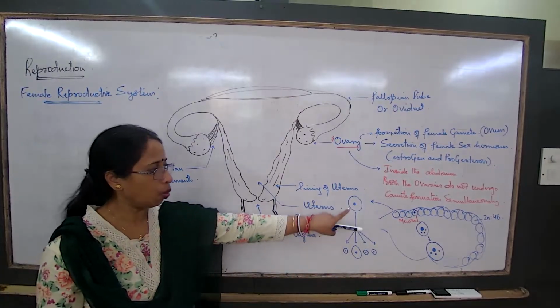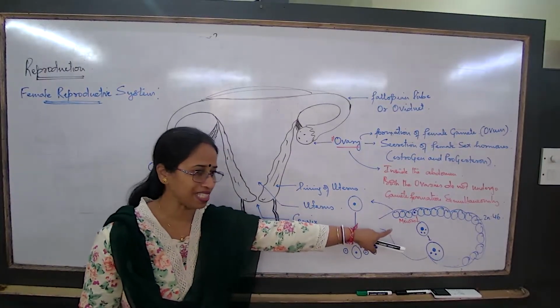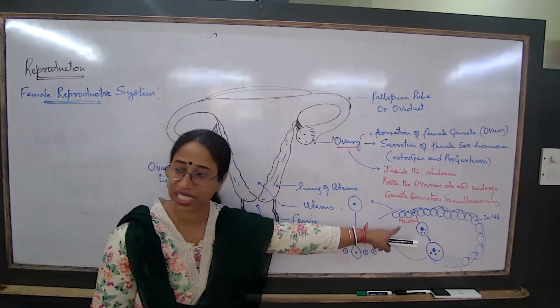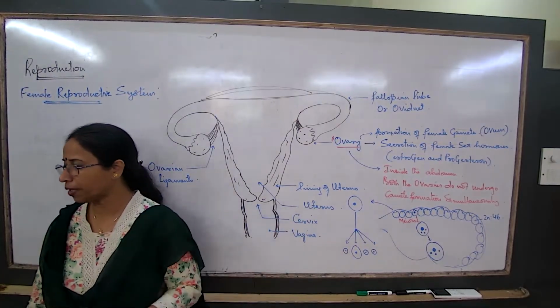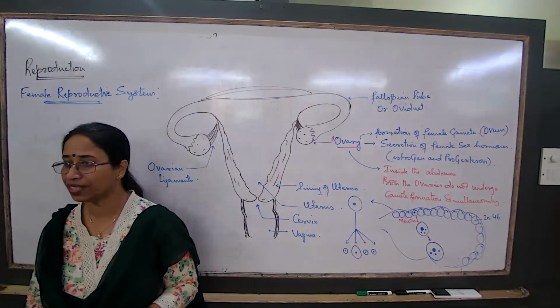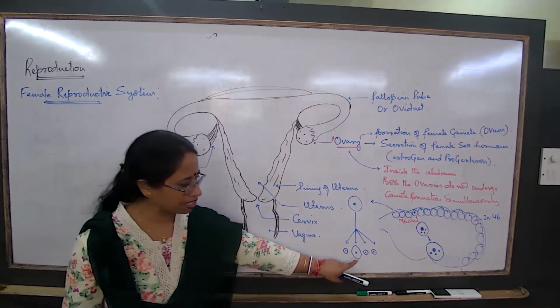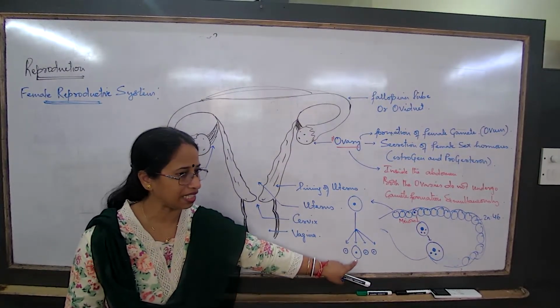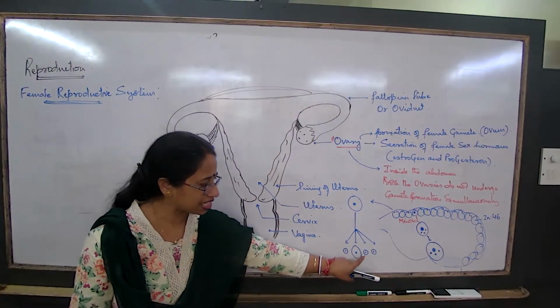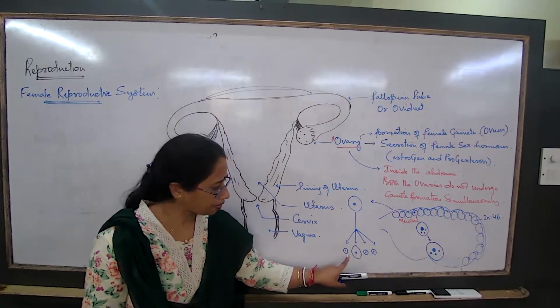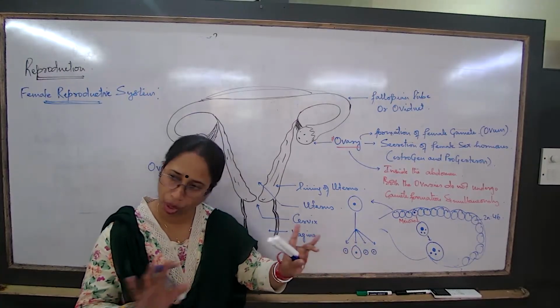In the female, when one cell of the ovary is undergoing meiosis, the cytoplasmic and the nuclear division is uneven. Hence, the cytoplasm concentrates in 1 cell in large amount, and the rest 3 get a small amount of cytoplasm. But the nuclear content is the same in all the 4 cells.